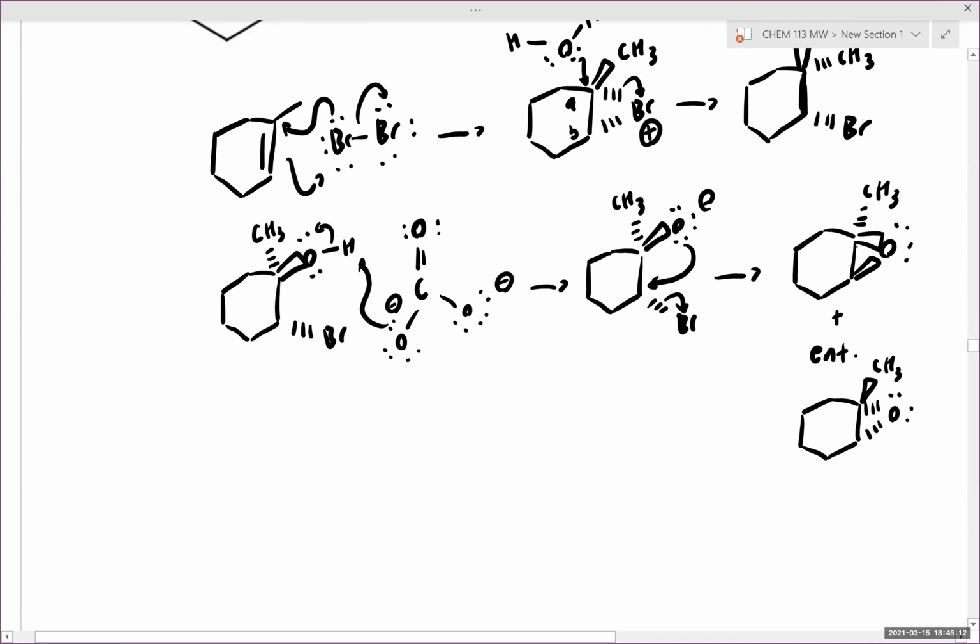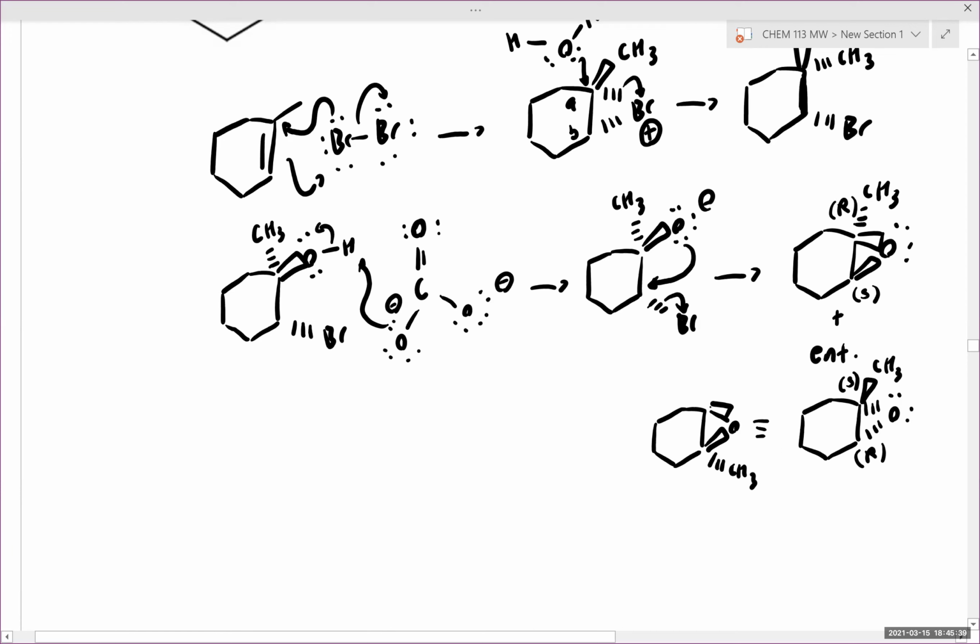Okay. And we can prove that by noting that this stereocenter is R, this stereocenter is S, and in this structure, the configurations are reversed. Because this structure is equivalent to these two structures are equivalent.